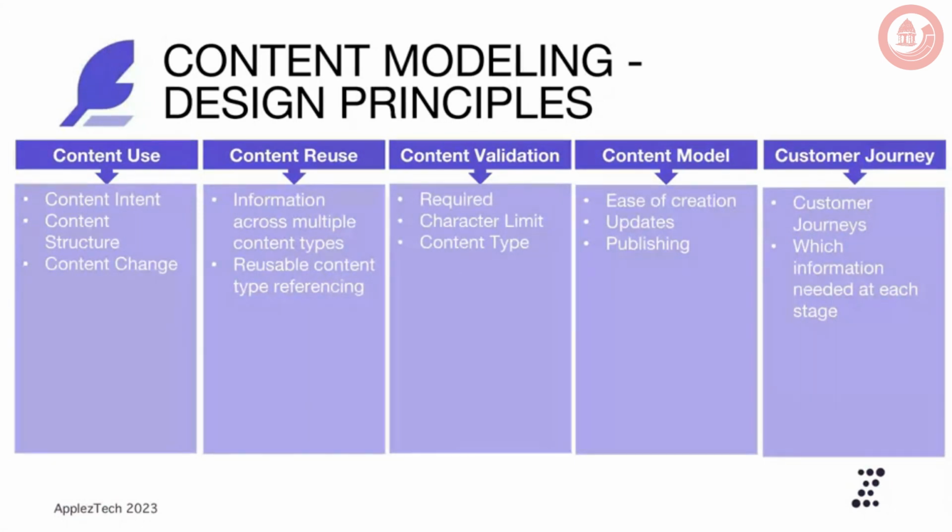So content use is an important concept when designing this content model. Content reuse fits into that as well, by making sure which pieces of information can be reused with other content types.